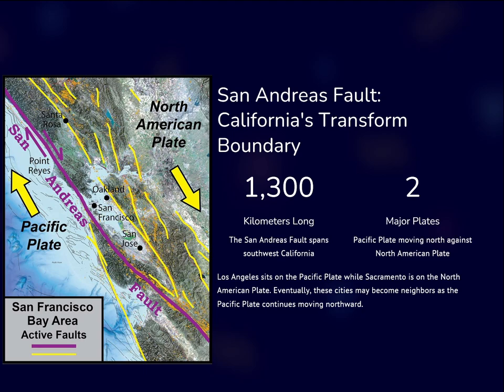Various native Californian peoples told stories about earthquakes being caused by powerful spirits moving underground. Also, in New Zealand, the Maori say earthquakes are caused by gods beneath the earth. Both explanations highlight the human attempt to understand sudden, violent shaking of the land.